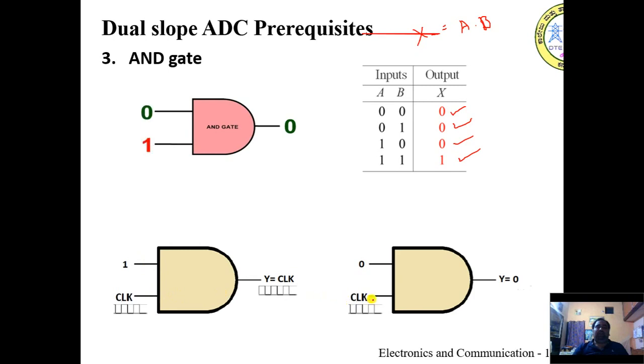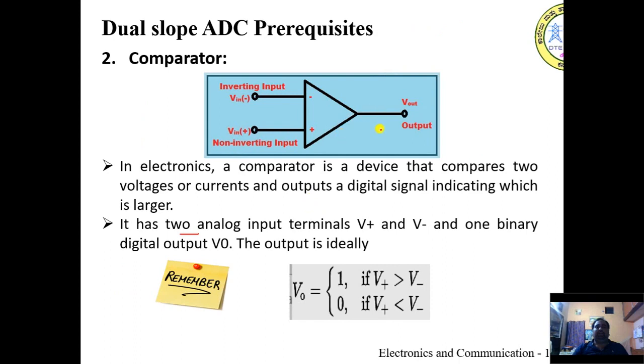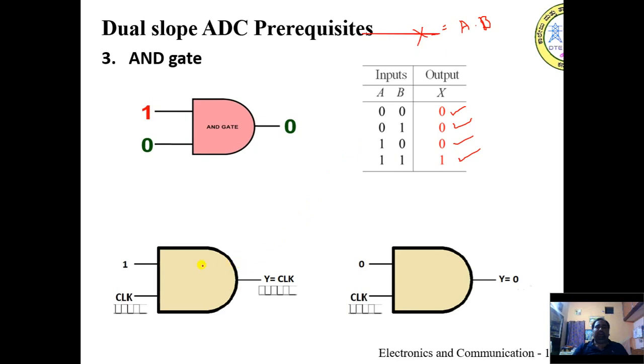For the other input, it will be the output of the comparator.